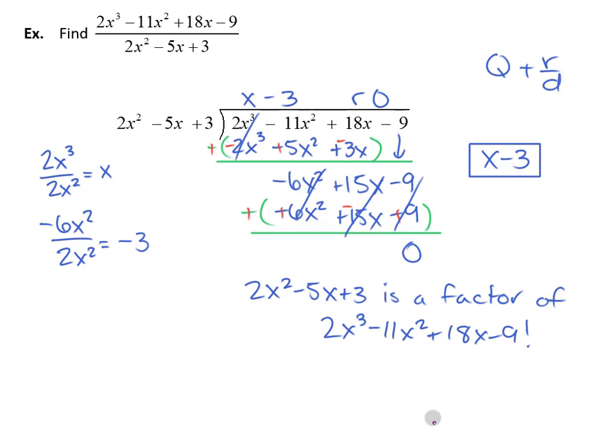It's one of its factors. And x minus 3, what we just found, is the other factor. We don't necessarily need to use that part for today's lesson, but we will be using that in upcoming sections.